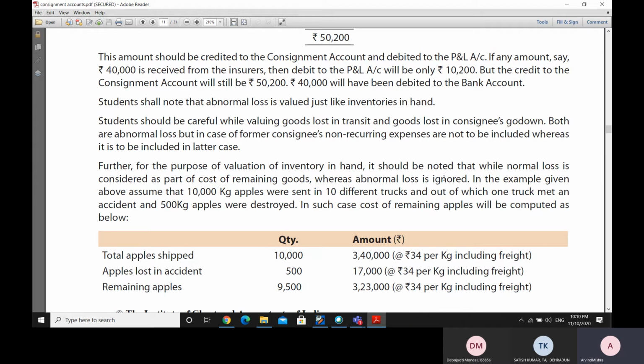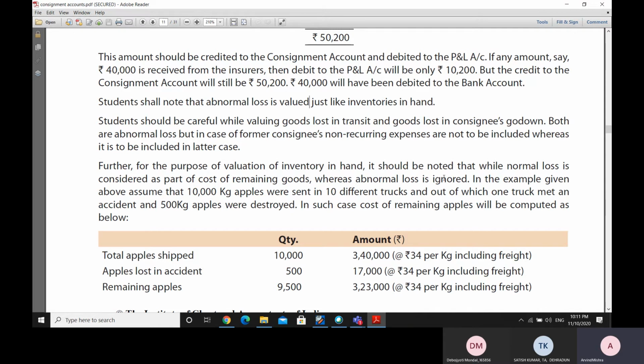So this abnormal loss has to be ignored while valuing the goods which are in our hand. But during the making of the consignment account, we have not ignored these abnormal losses. So we need to ignore these abnormal losses to be able to calculate the valuation of the goods in hand correctly.